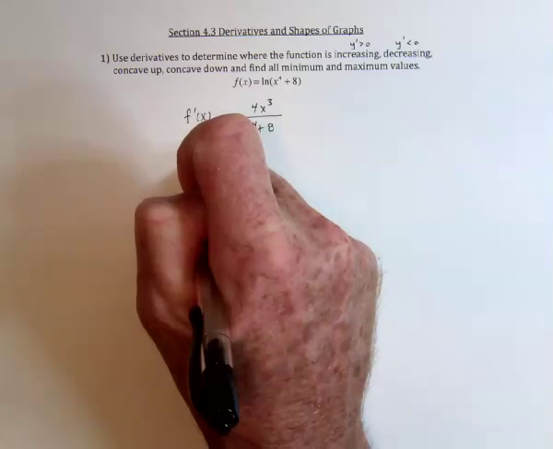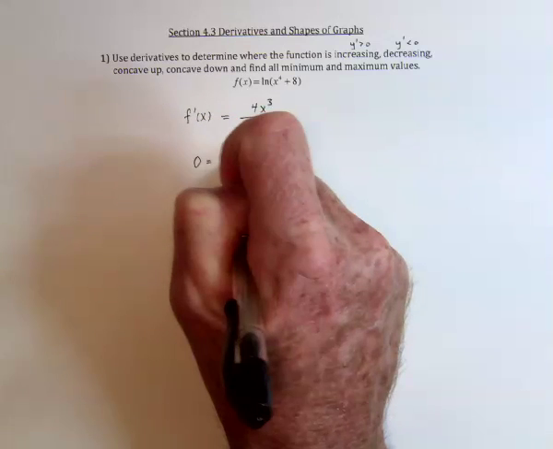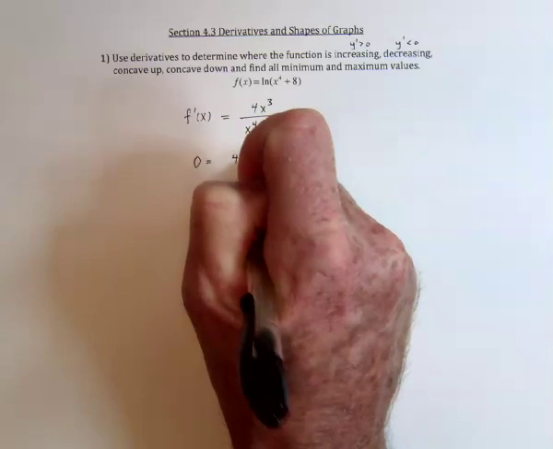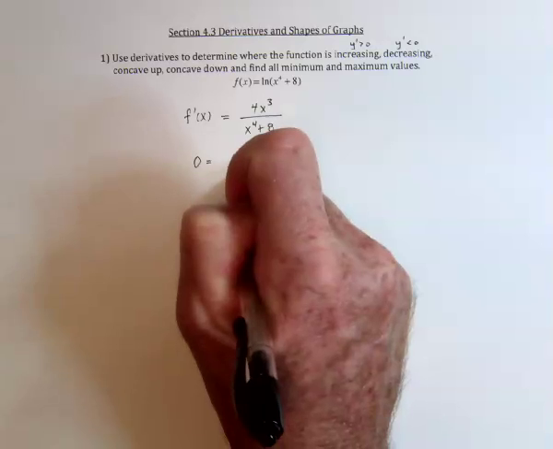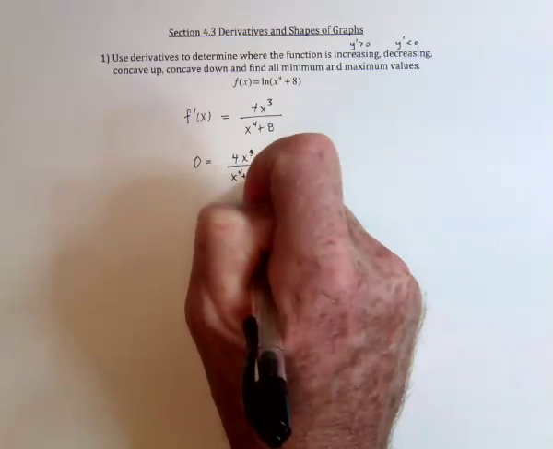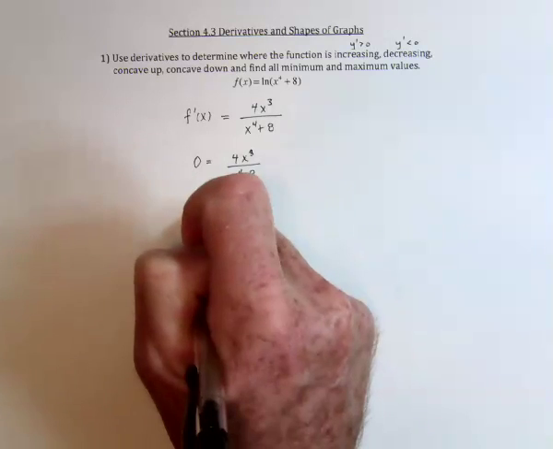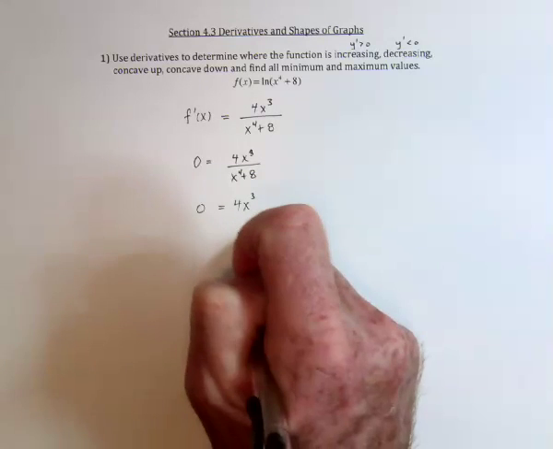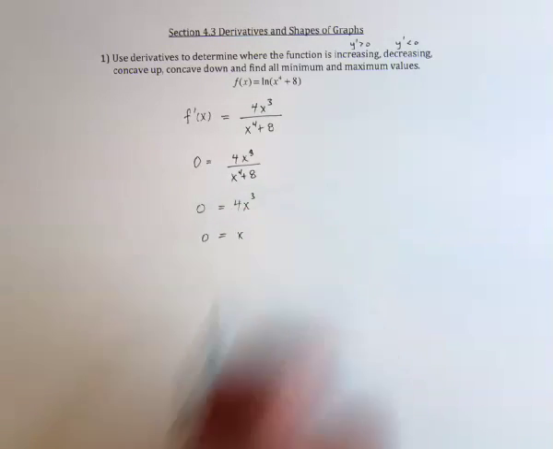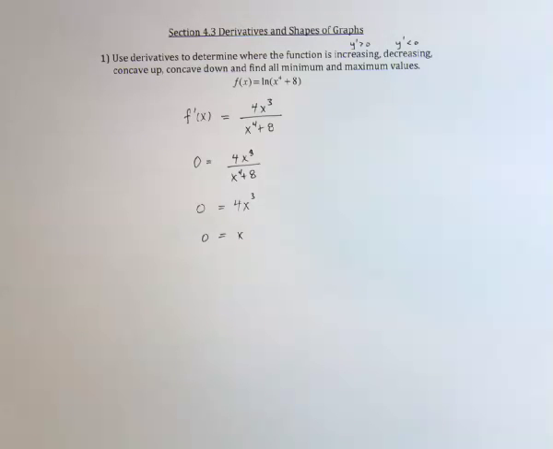But we do need to find out where does the derivative equal 0. And luckily for us, the only way a fraction can equal 0 is if the numerator equals 0. And since we're dealing with only real numbers, no complex roots, then x equals 0 is the only place.